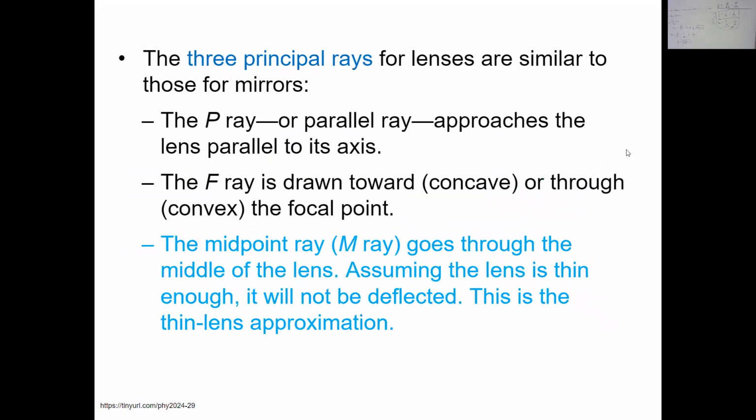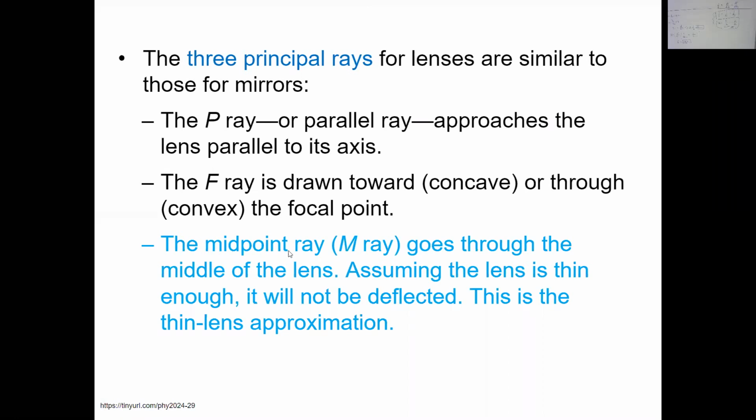So for images formed by lenses, we can do something similar to what we did for the spherical mirror. We can use three principal rays, slightly different here. In this case, the P ray again refers to the ray parallel to the axis. And the F ray is the ray that appears to go through or come from the focal point of the lens. Then in the middle, we are not using a center of curvature ray.